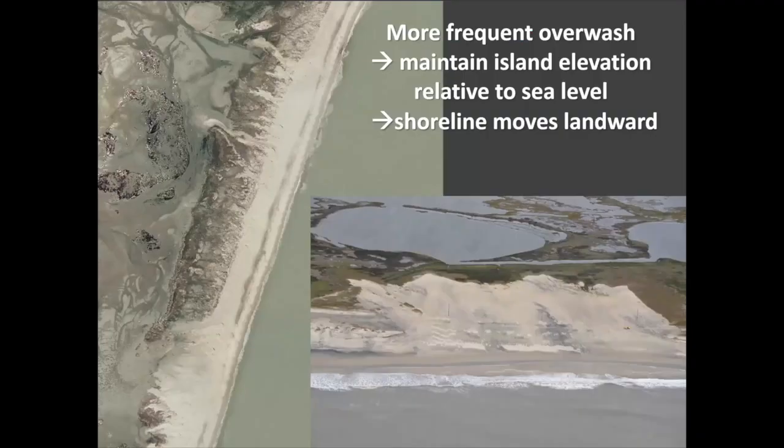So more frequent overwash as sea level rises, and if storms become more frequent, will tend to maintain island elevation relative to sea level, because it is the storms that are depositing sediment on top of islands and building island elevation, allowing dunes to form above that elevation.